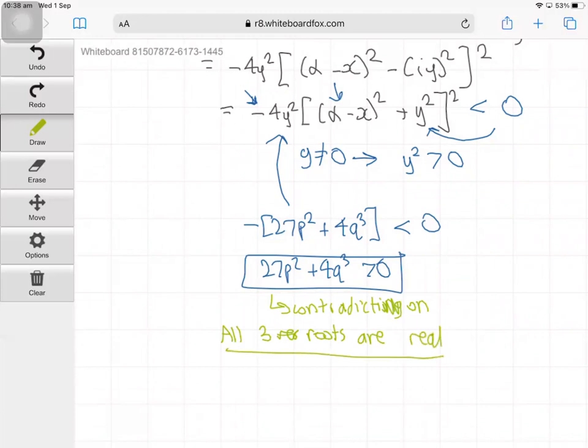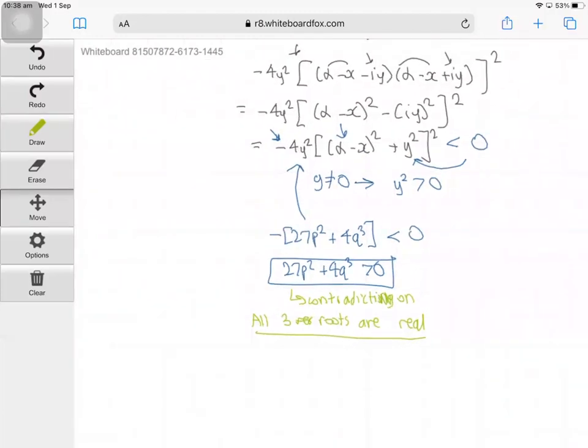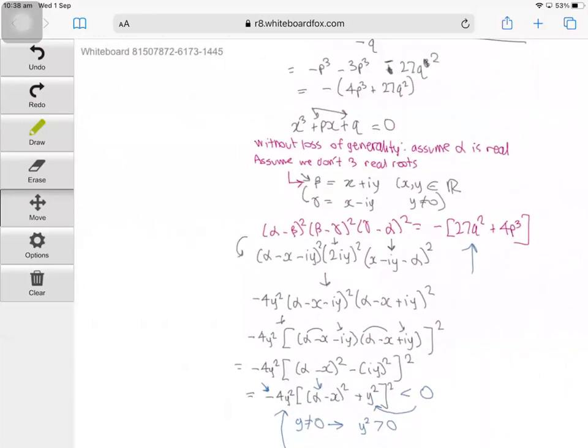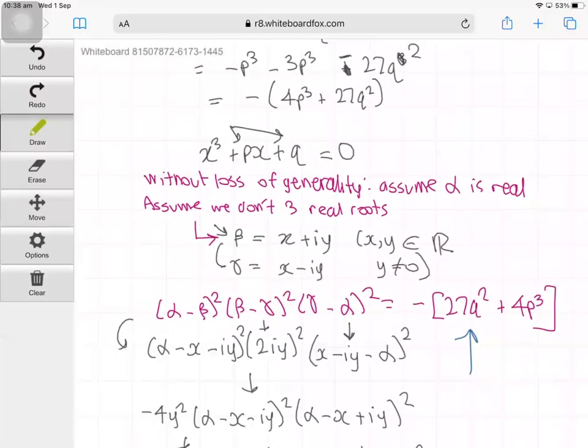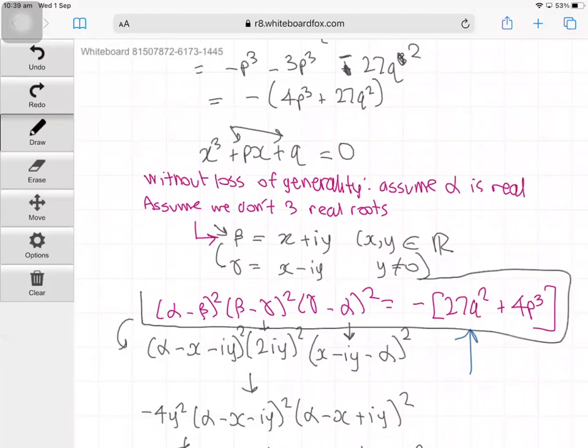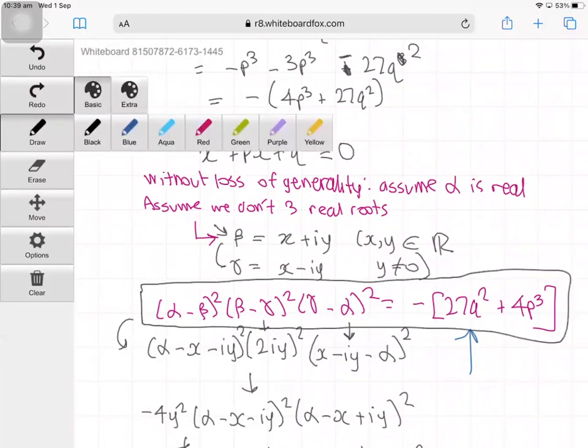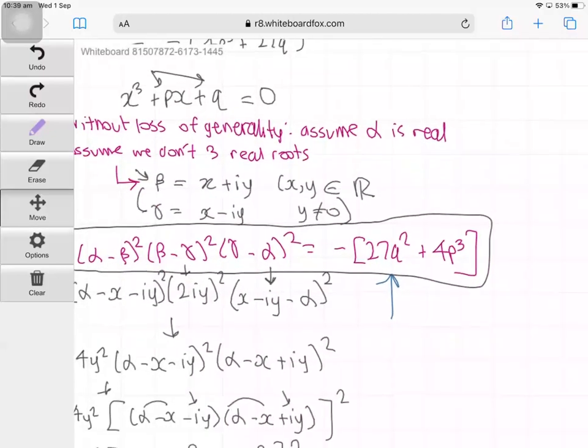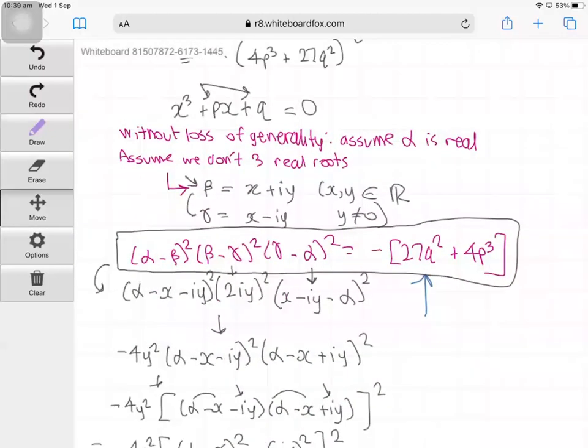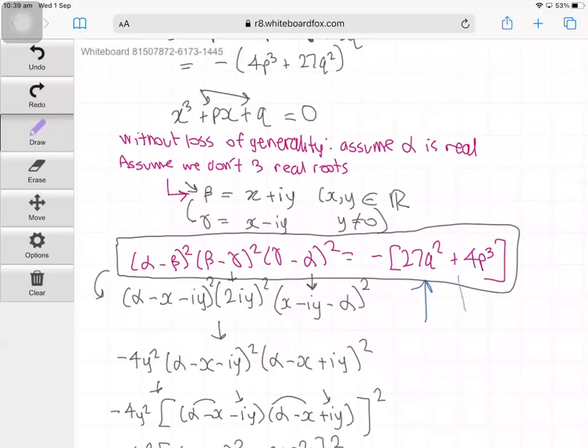The final step is to show the roots are all distinct. And the reason for this is, if you go back here to this equation, what we can see is that 27q squared plus 4p cubed is less than 0. And this means that the negative of 27q squared plus 4p cubed is greater than 0.